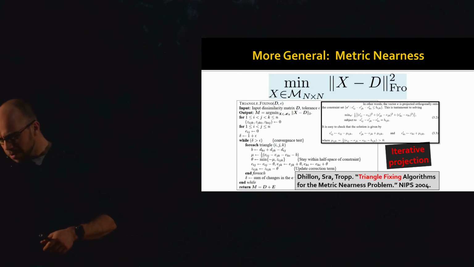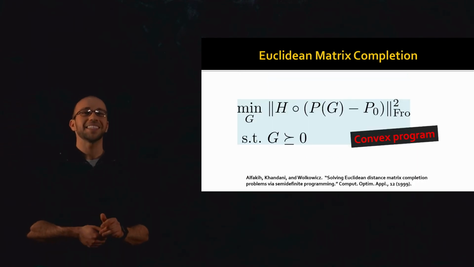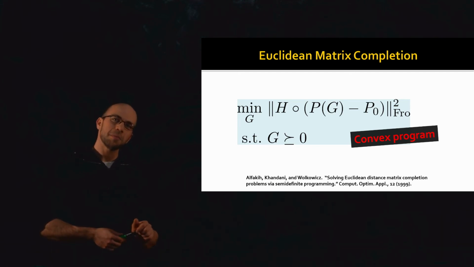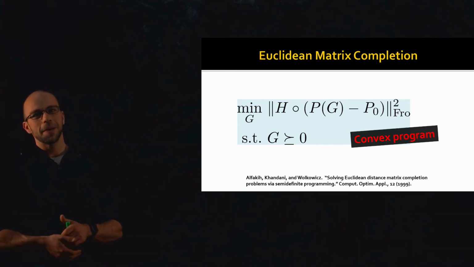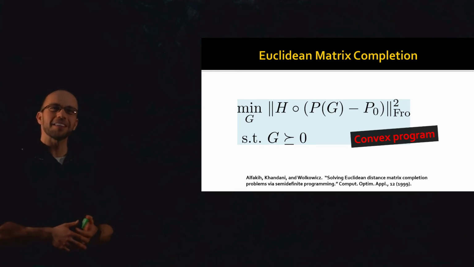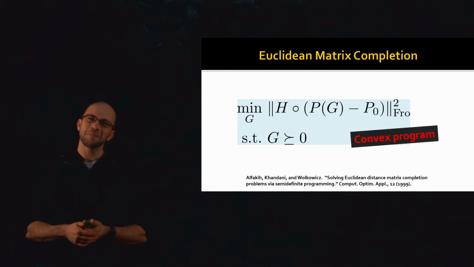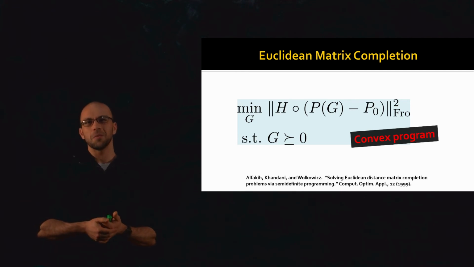A different problem, which is again kind of related, is something called Euclidean matrix completion. Remember that the input we assumed we had to the MDS algorithm was this matrix P, which was pairwise squared distances between a bunch of points embedded in Euclidean space. But what if we only have some subsample of the elements of our matrix P, and we want to complete it?